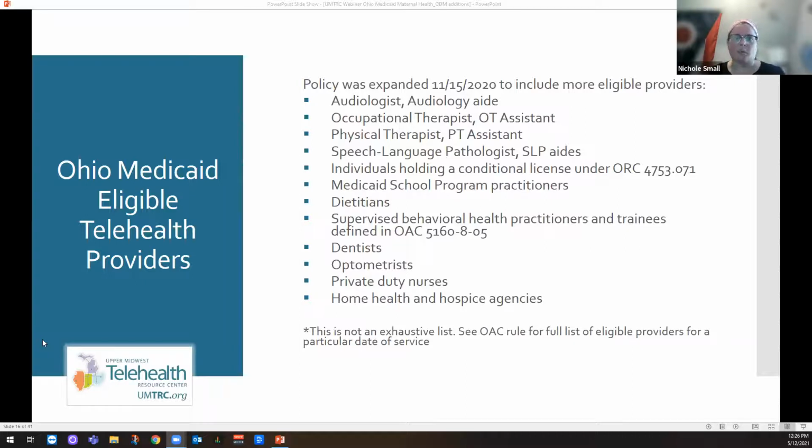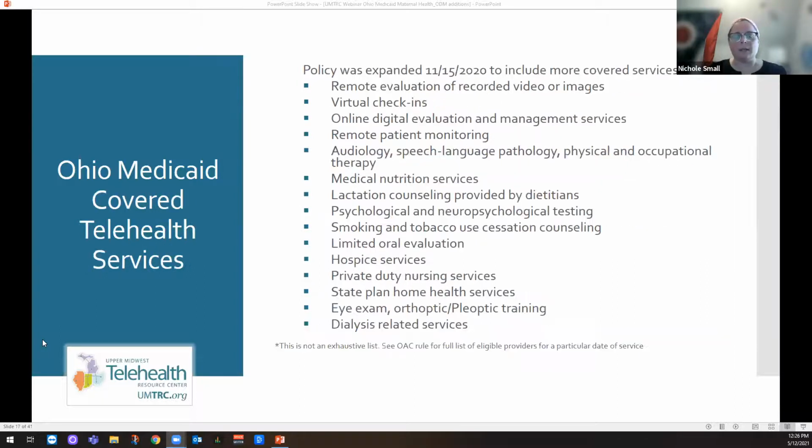This is just what we've expanded since July in response to COVID, but we do have quite a big list of practitioners who are eligible to deliver telehealth services. This isn't the exhaustive list, just what we've added in response to COVID. I'll talk about some resources that lay things out and make it easier to see the full picture. It's hard to put it all in one slide.